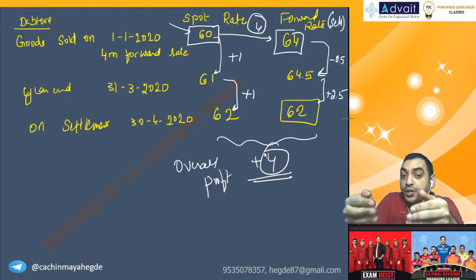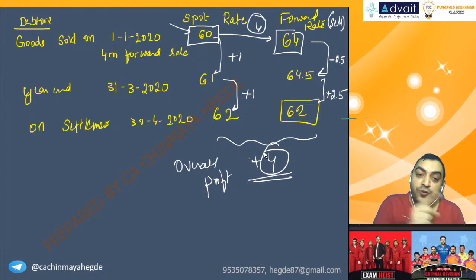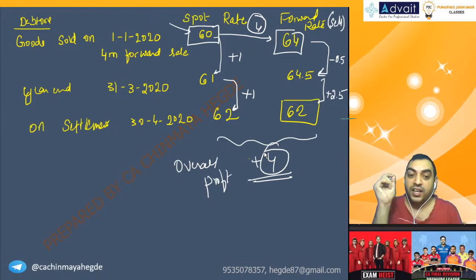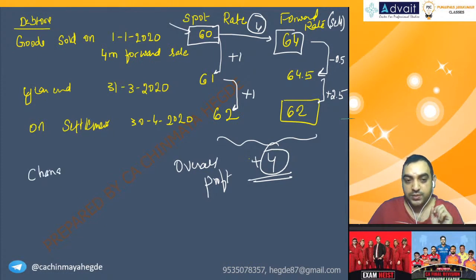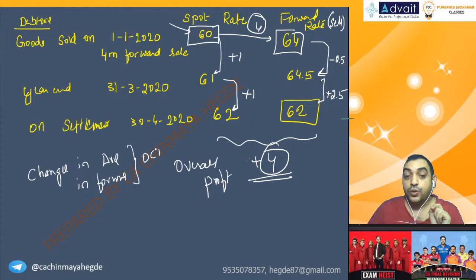But those fair value changes should not be taken to P&L account. Instead, they have to be taken to OCI. And what should be taken to P&L account is the 4 rupees profit. So the changes in debtors and changes in this forward contract, you will take it to OCI.